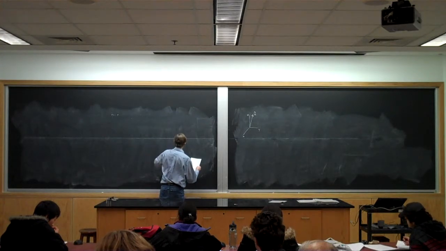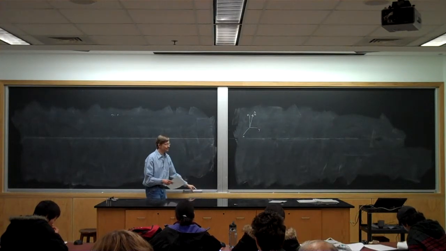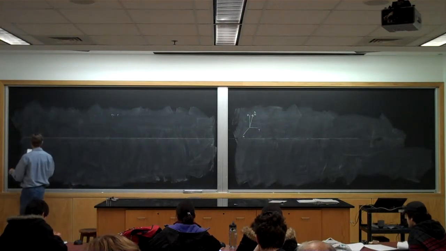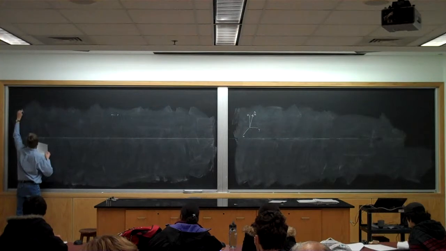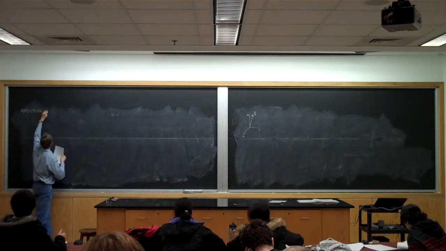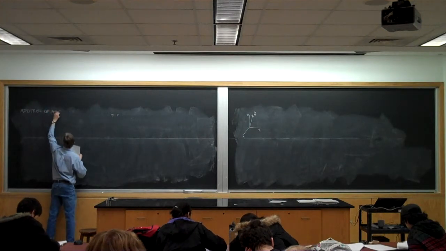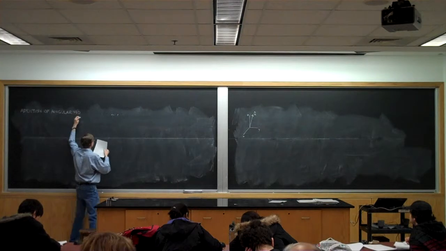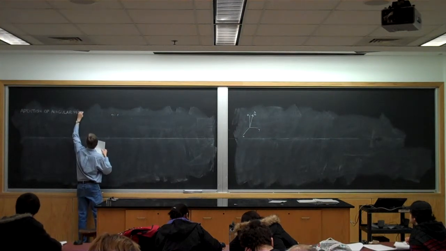Addition of angular momenta. I'll remind you that we did this in Physics 280 in a more hand-wavy sort of way. We'll start with the simplest possible case, namely two spin 1/2 particles.